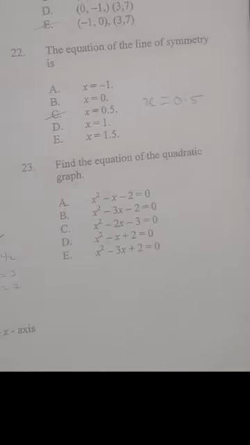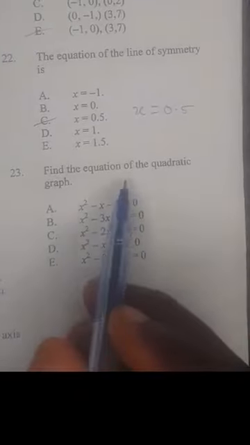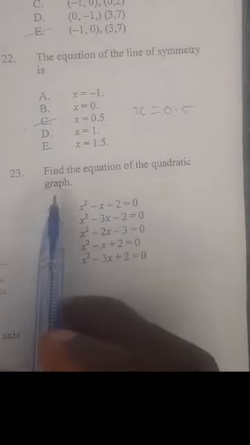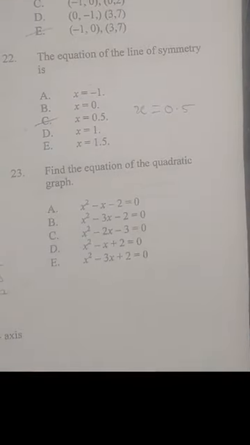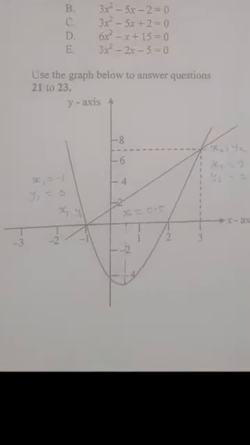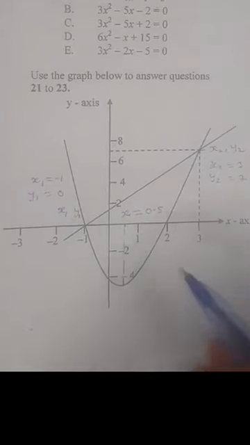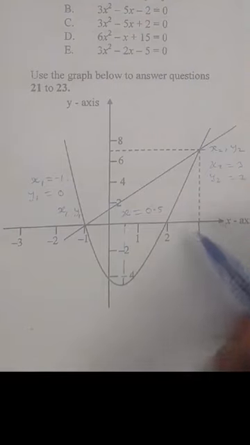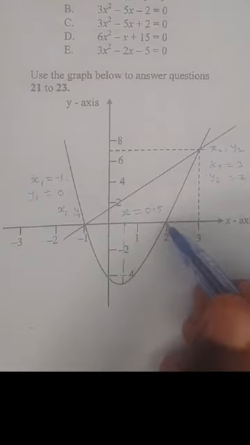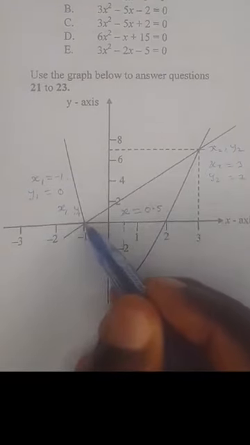The next part of the question says find the equation of the quadratic graph. So we have to go back to the graph again and obtain the roots of the equation. So here is the graph. Where are the roots of the equation? The roots of the equation are where the quadratic graph touches the horizontal line. So this is where it touched, and this is where it also touched.